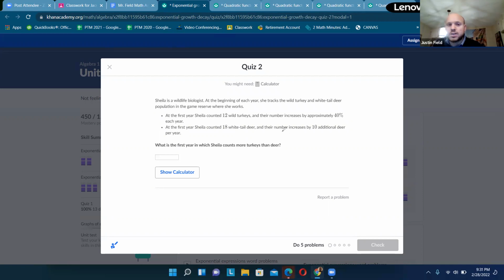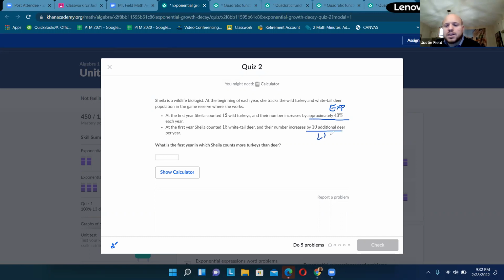Okay, so switch gears. This is an exponential review assignment for the purpose of spacing and interleaving so that you don't forget all that important stuff. So this is exponential and this is linear.